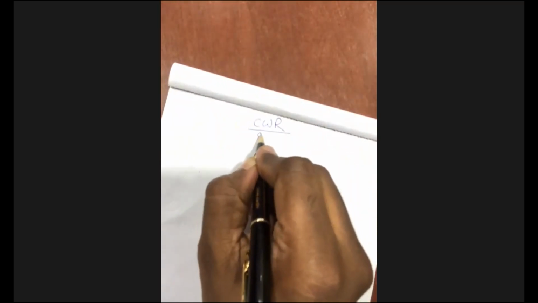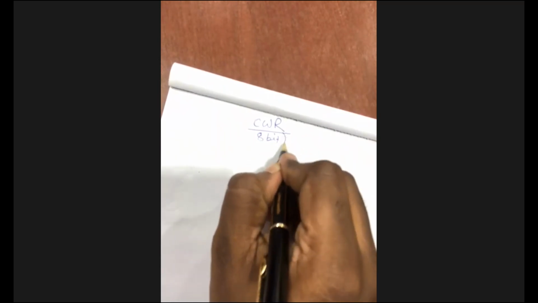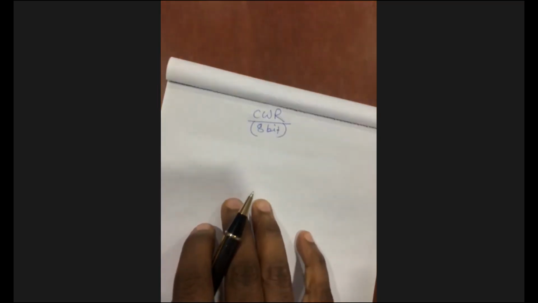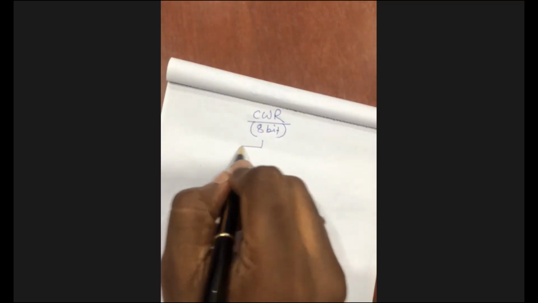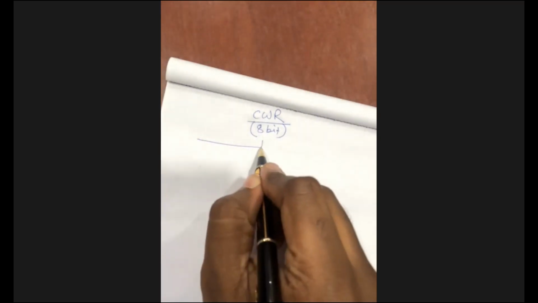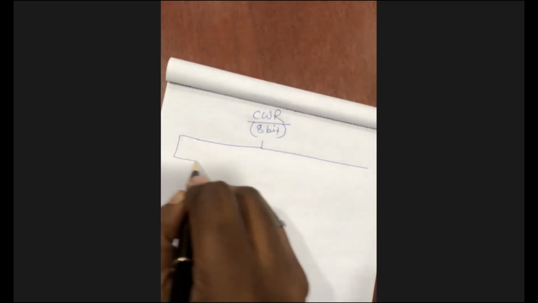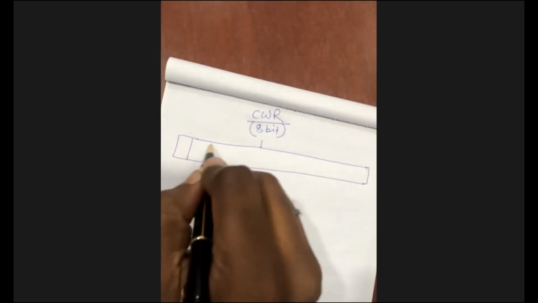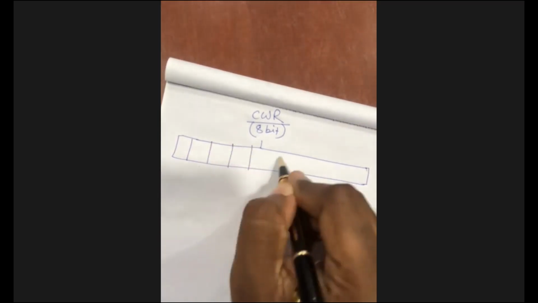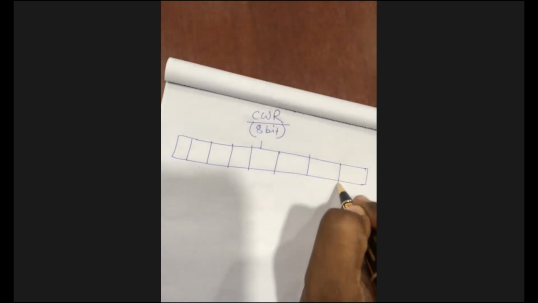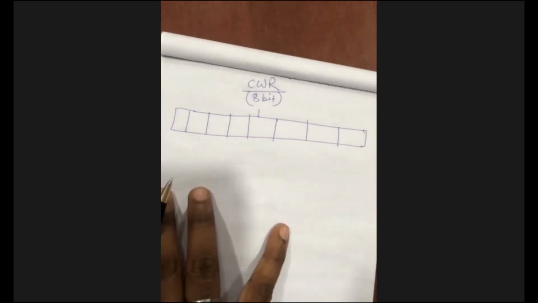CWR is an 8-bit register, the control word register. Eight blocks are there.